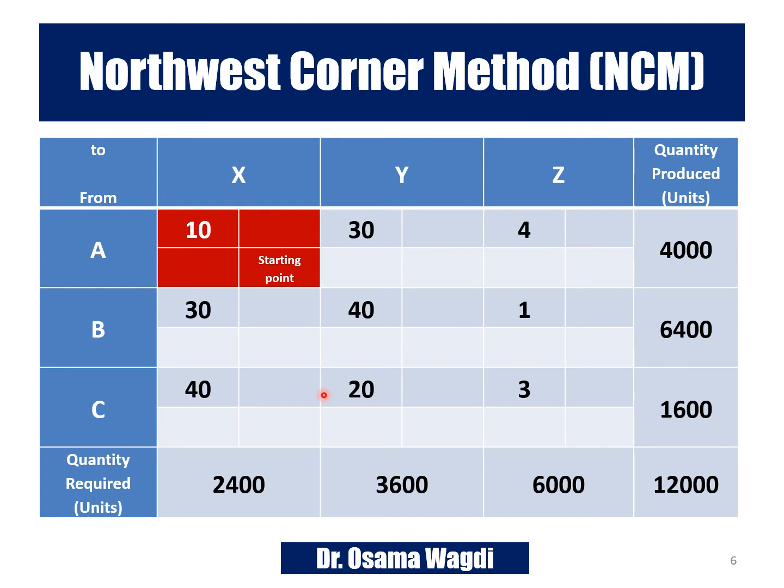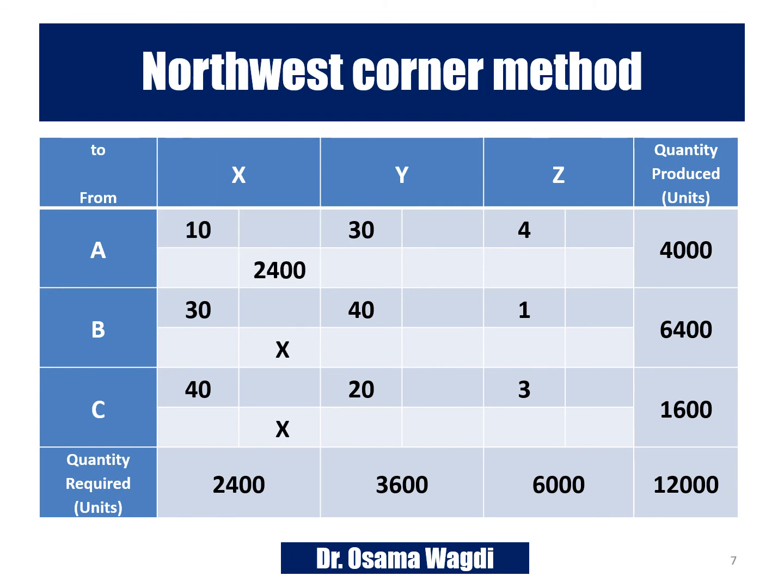And like we said before, we make a comparison between the quantity produced and the quantity required, which means that I'm going to choose the least number, which is 2,400. It's more clearly shown here.